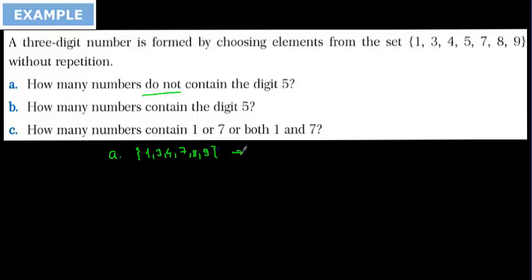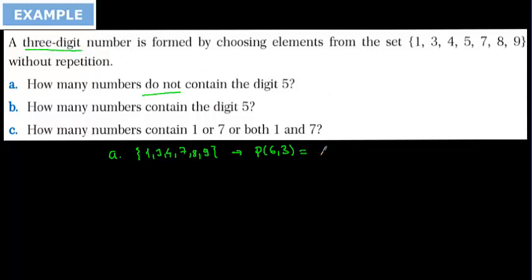So how many different ways can we arrange the numbers from this set? We can arrange 6 factorial different ways. We are going to write 3-digit numbers, so it's going to be permutation 6 with 3, because we are writing 3-digit numbers.